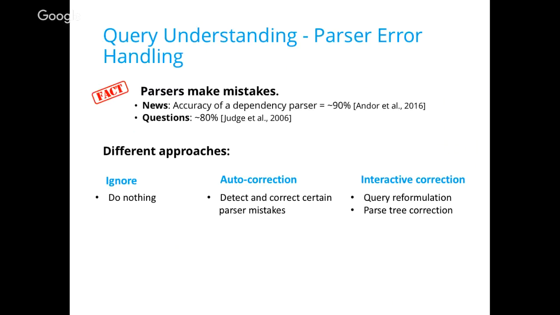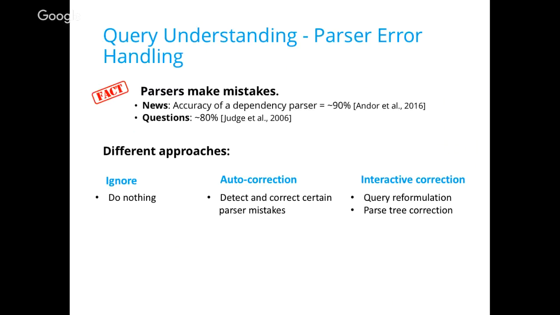And this is for English only. If we go to any other language, for example, Chinese or Hindi, it could be much worse. And over questions it is already worse, because remember, a lot of the tools are trained over statements, over news corpora. Questions are typically shorter and with a different kind of format. Therefore, the accuracy is even lower.